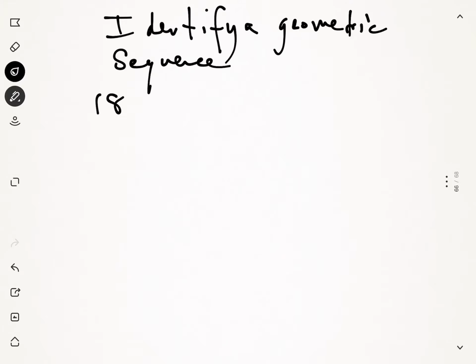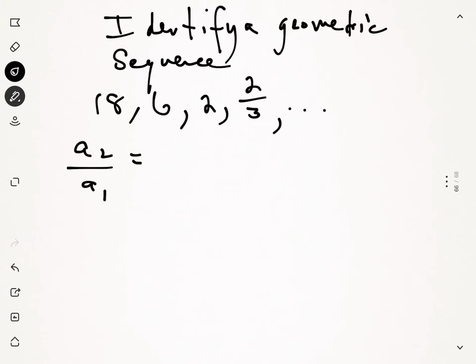18, 6, 2, and 2/3. Is it geometric? Well, let's start off by writing a2 divided by a1.